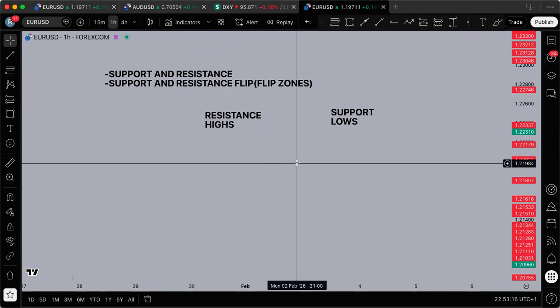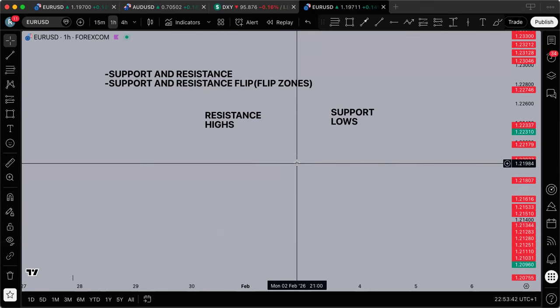So, guys, first of all, ask yourself, what is resistance? Just as the name implies, it's more or less any high you see on the chart. All these names are actually the same, I don't want them to confuse you guys. Resistance simply means any high you see on the chart.